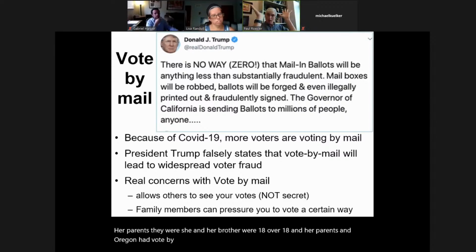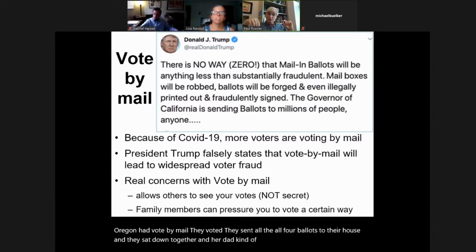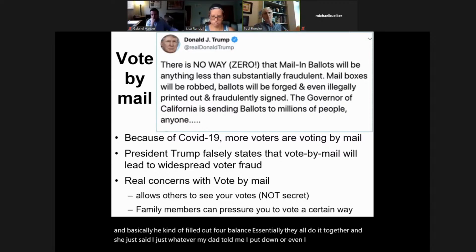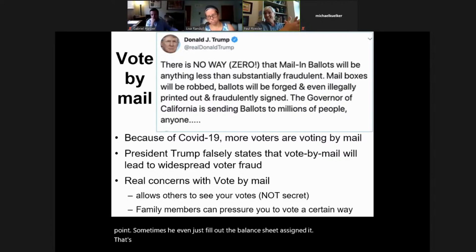They sent all 4 ballots to their house, and they sat down together, and her dad kind of helped them all fill out their ballots. And basically he kind of filled out 4 ballots essentially. And they all did it together, and she just said, oh, whatever my dad told me, I put down. Or even, I think she said at one point, sometimes he even just filled out the ballot and she just signed it. Well, that's actually voter fraud.